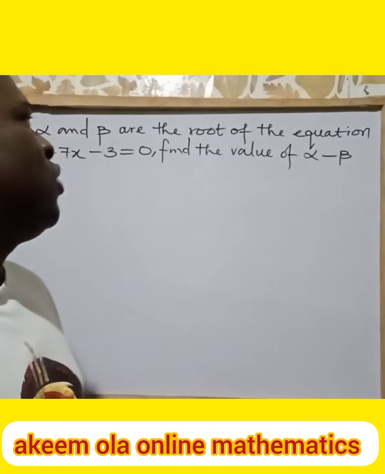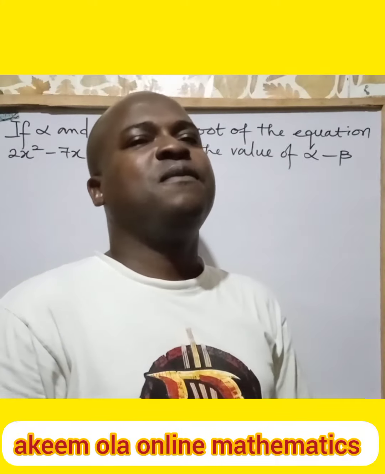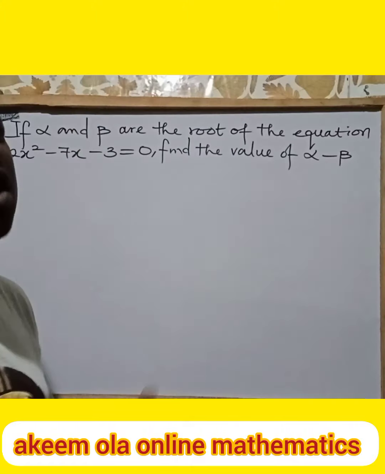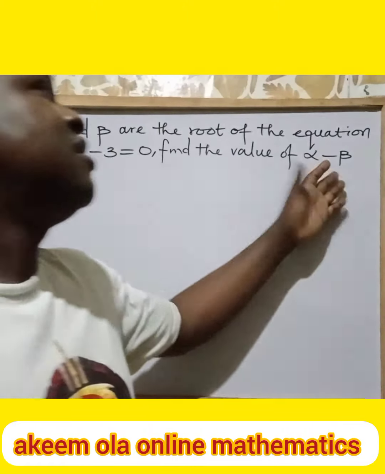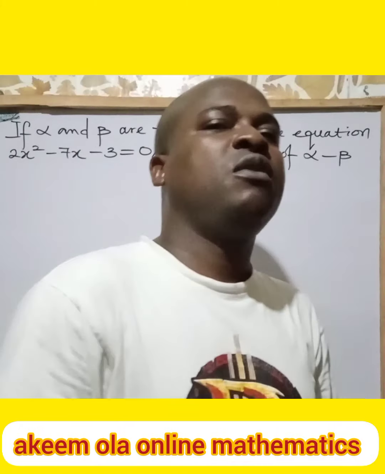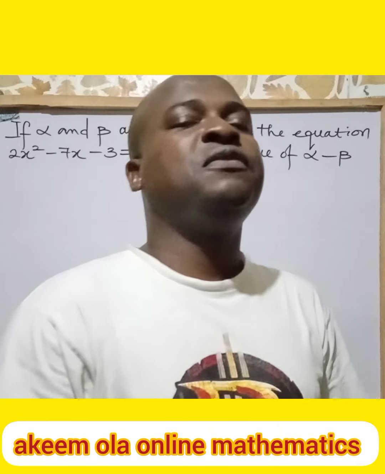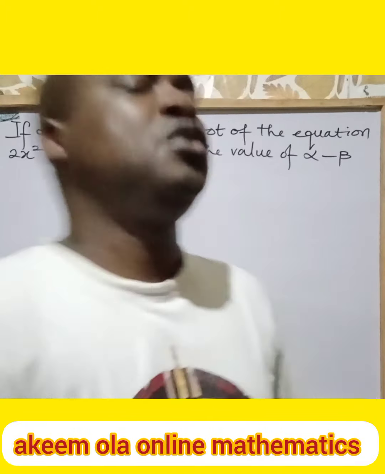And the second step is to simplify alpha minus beta. Now, let's go solve it. Any one of the two steps can come first. You can first simplify this, or you can get the value for the sum of roots and also the value for the product of roots.